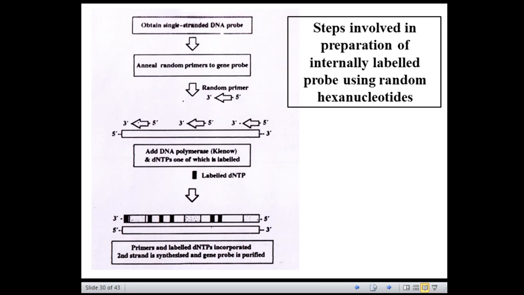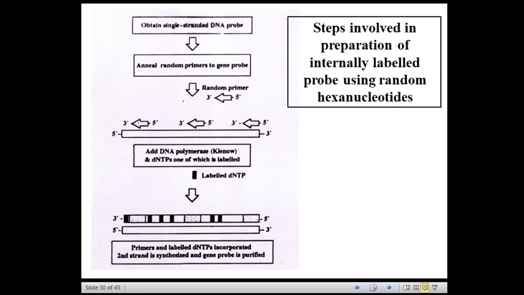That means there will be an extension. Only by chance does the binding of the DNA sample with the hexamers or hexanucleotides happen. Now these hexamers act as a primer for the synthesis of a fresh strand of DNA, and this reaction is catalyzed by the DNA polymerase because it has an exposed 3' hydroxyl group, which you can observe in the figure.